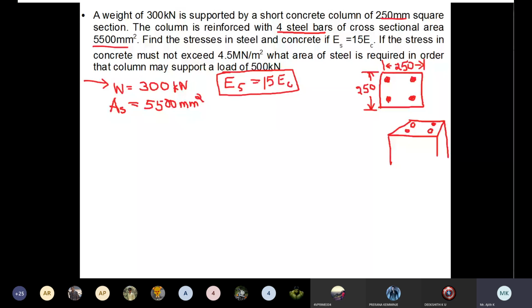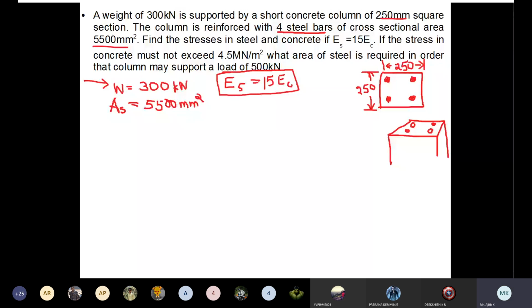when the force is acting. And what if I use only concrete? If I use only concrete, this concrete is having smaller Young's modulus. Smaller Young's modulus means it is capable of withstanding only small amount of load. There may be crack in pillar or column because of the load. So that is the purpose of using both steel and concrete.